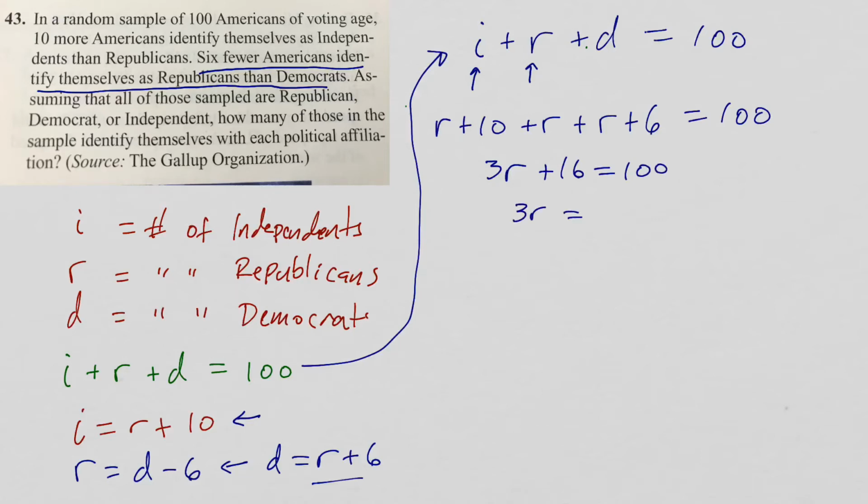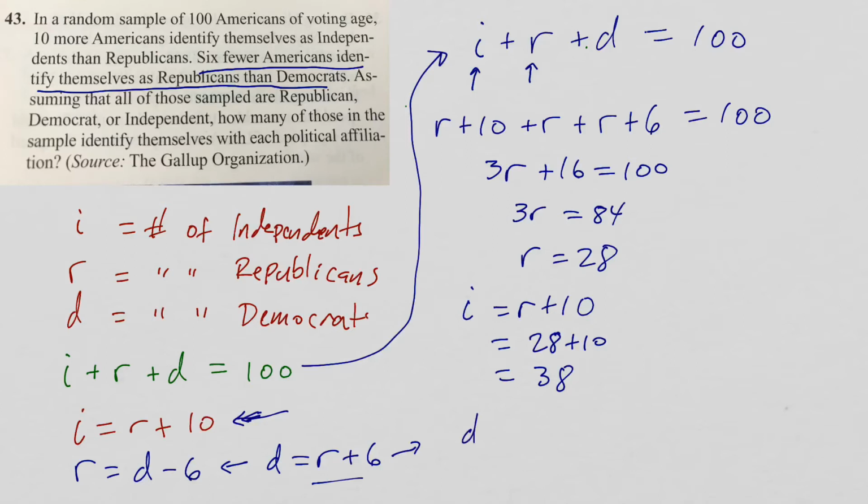So 3R is equal to 84. So R is equal to 28. Now that we found R, we can use this to find I. I is equal to R plus 10, which is equal to 28 plus 10, or 38. And finally, we'll find D here. D is equal to R plus 6, which is 28 plus 6, or 34.